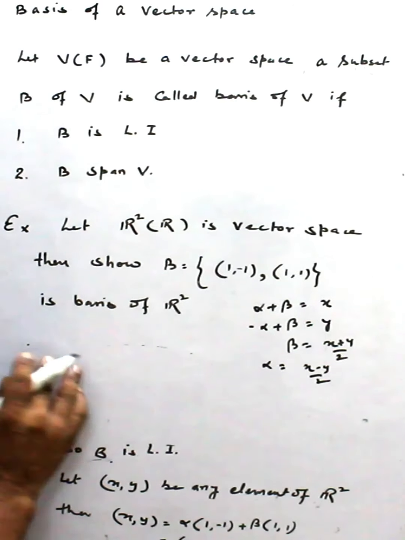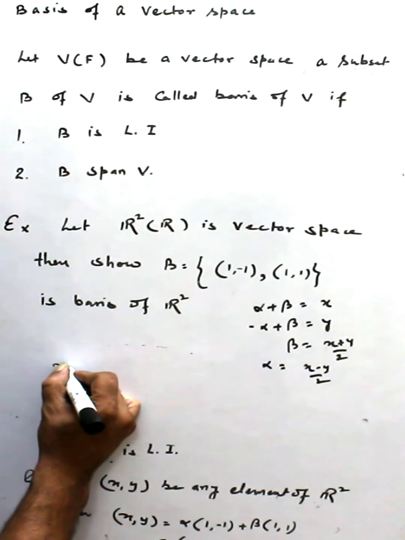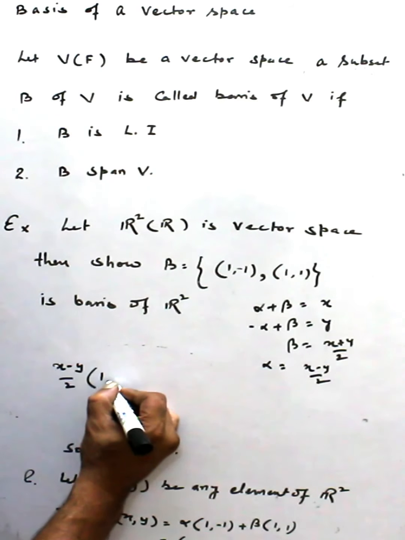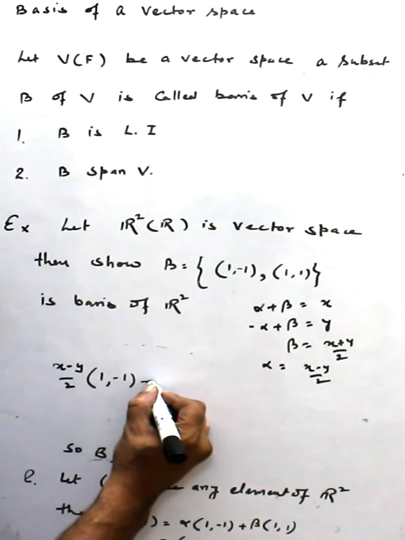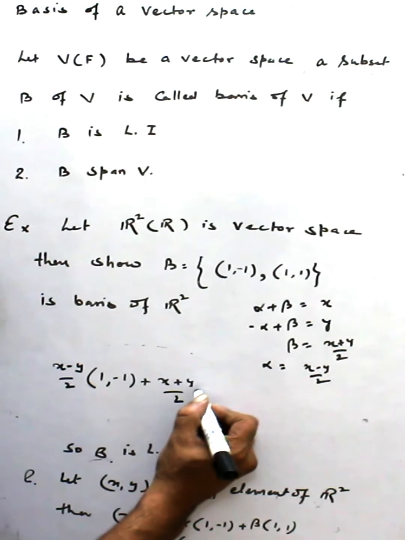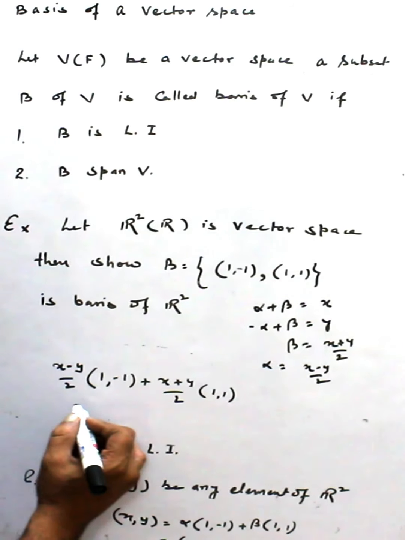Now from here you see what happened. Alpha is x minus y by 2 into (1, -1) plus x plus y by 2 into (1, 1). Now simplify it.